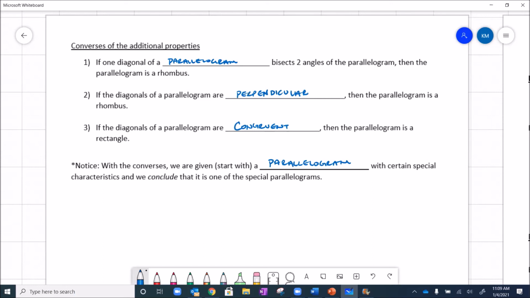So when we think about the diagonals of a square, we will have congruent perpendicular diagonals that bisect the two angles in the parallelogram.